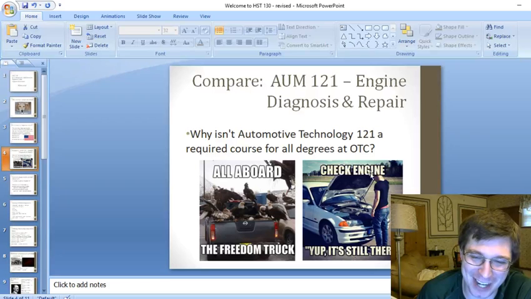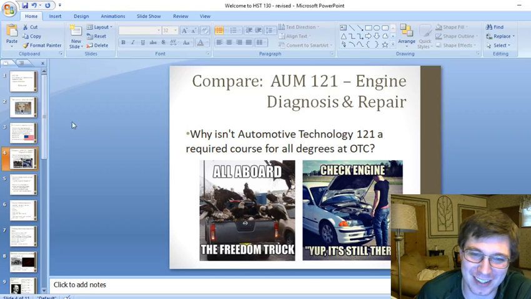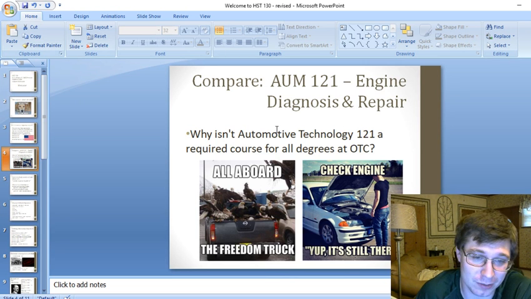I like this meme. Check engine. Yep, it's still there, right? If that's you, then consider, why doesn't OTC encourage you or force you to take this course, as a required part of your degree? Might that even be more useful than History 120 or 130 or Political Science 101?